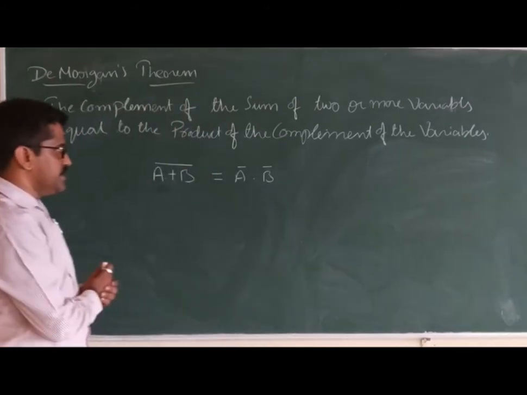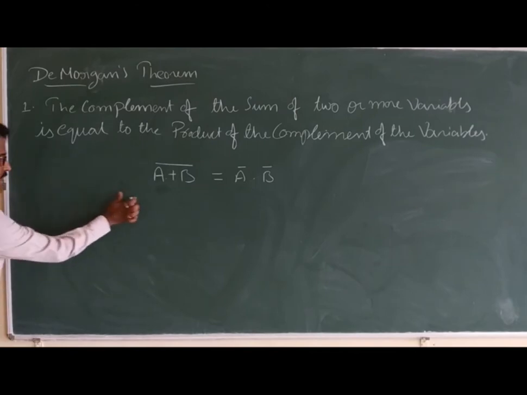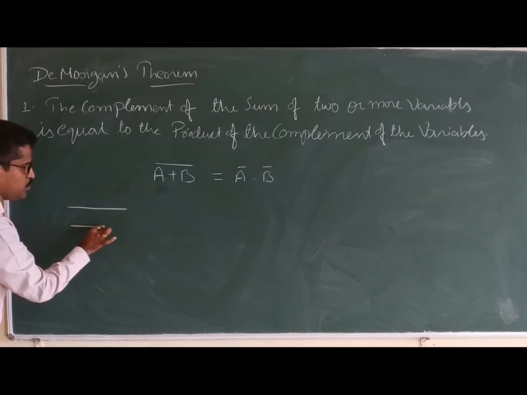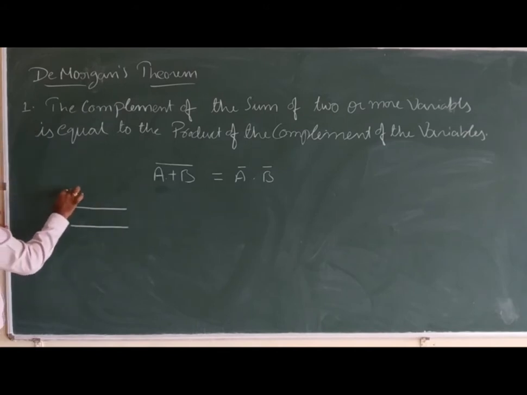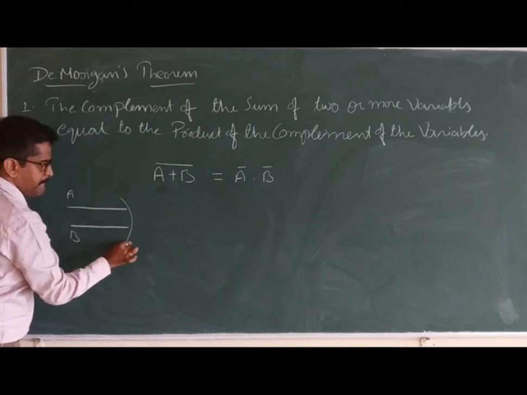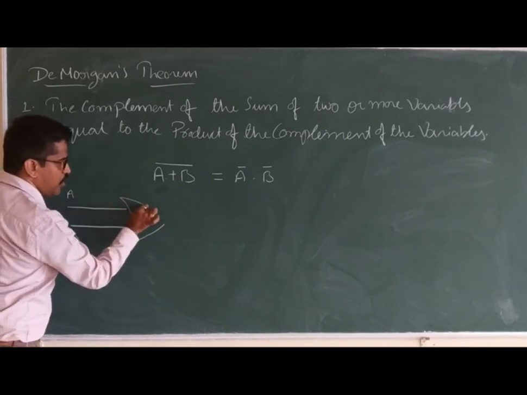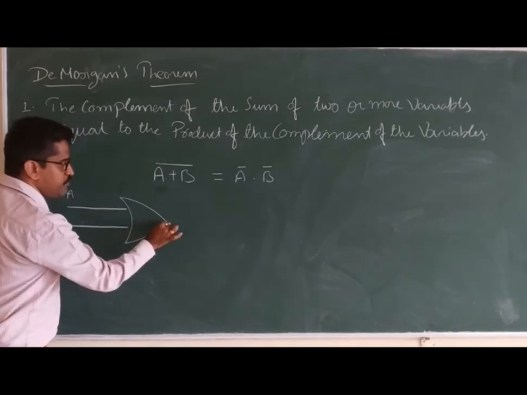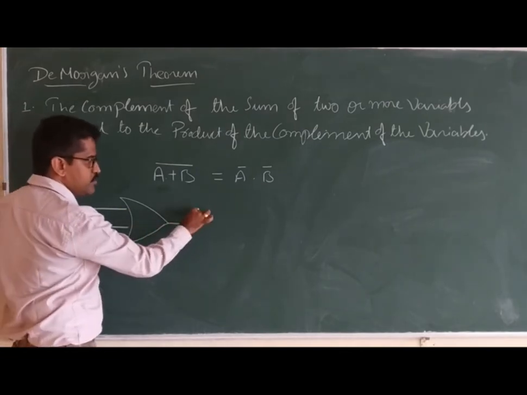Let us consider a gate having two inputs, A and B. Here we consider an OR gate. Now the output of the OR gate is connected to a NOT gate.